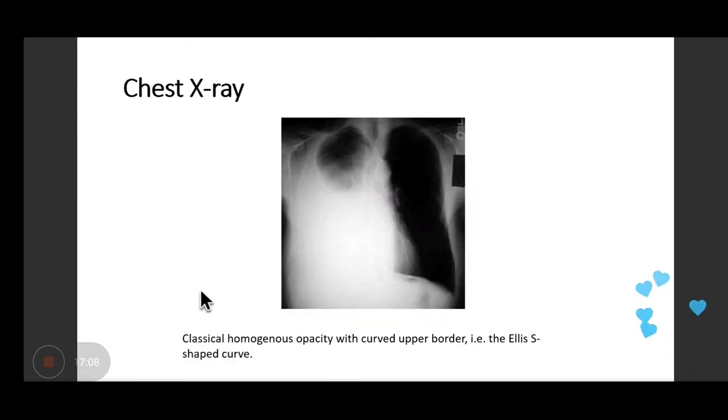Look at this X-ray, it is showing the Ellis S-shaped curve. This is showing massive pleural effusion. So the patient came to you, there were histories, and then you carried out your X-ray and found that there is pleural effusion.